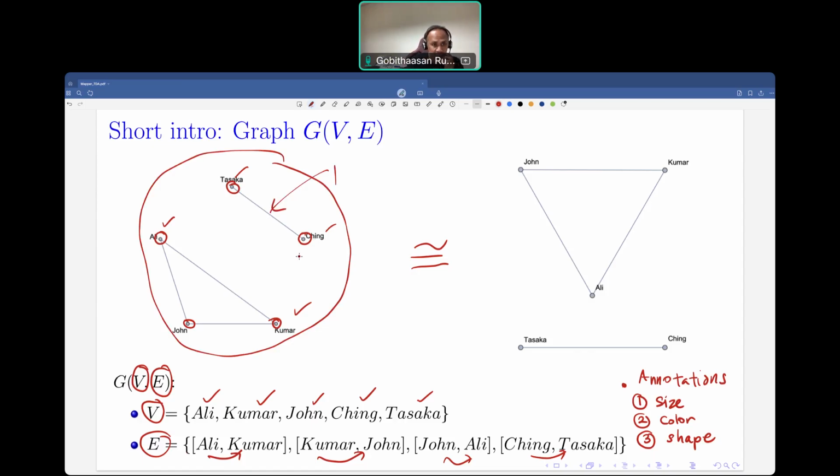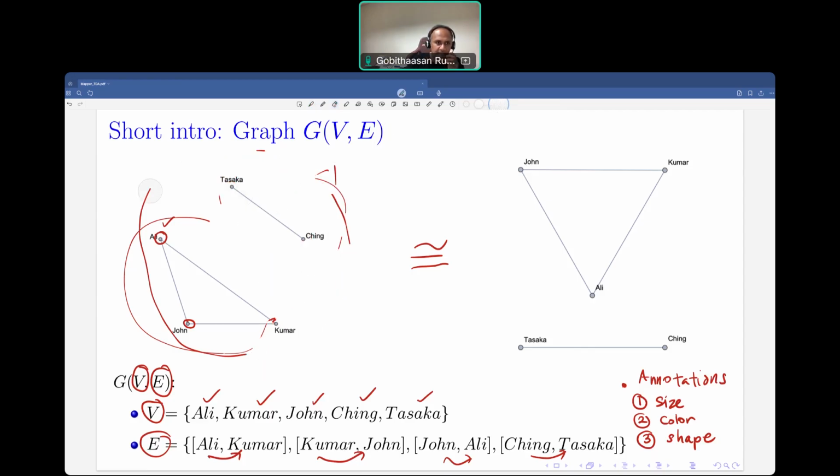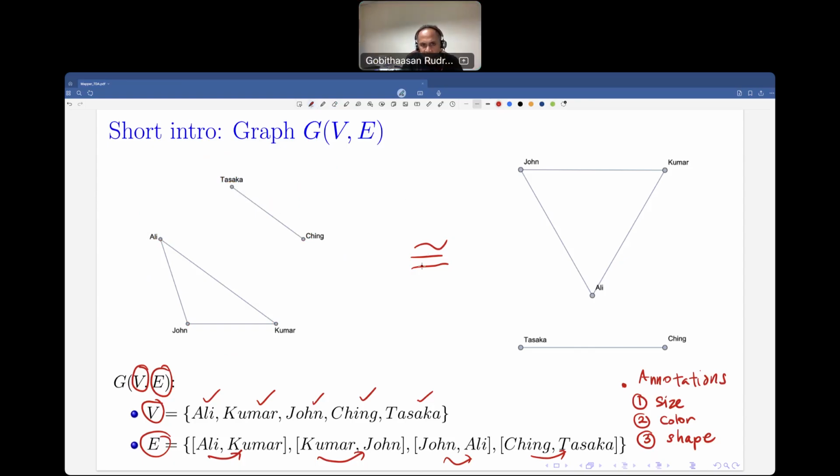So we actually have two components, one component and two components. This is the information of this friendship network. And this friendship network, as I said, is isomorphic to this network.